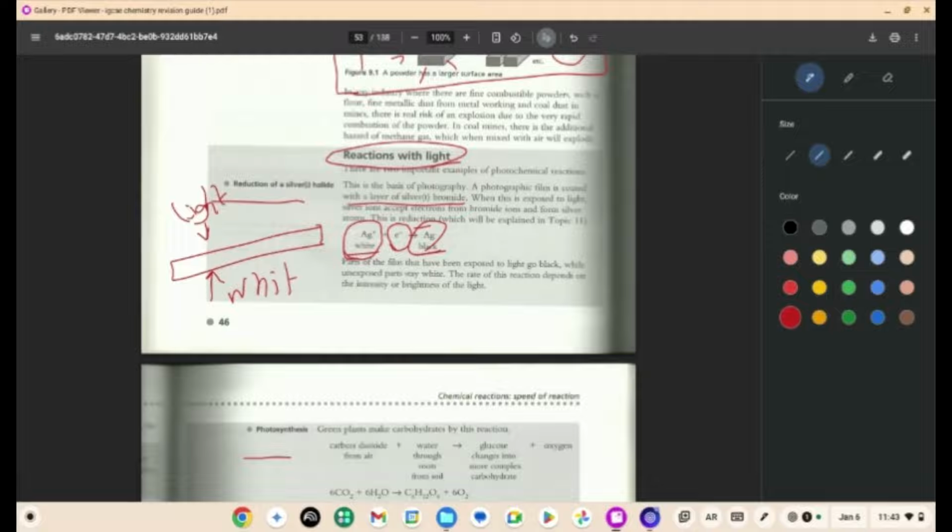So here white, and here it will turn to black. White turns to black because it reacts in the presence of light. The silver will take electrons from the bromide, or from the halide, and give me the black color.